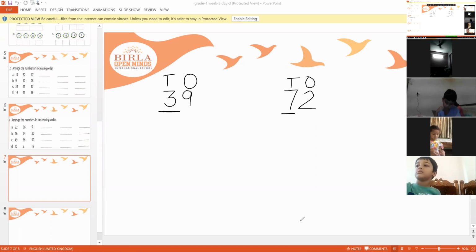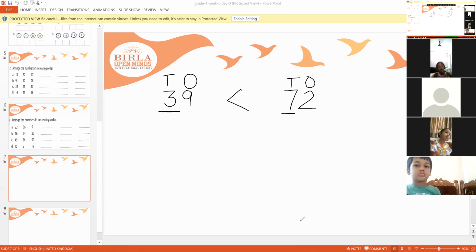So we will compare 3 and 7, and we know that 7 is always greater than 3. So the number 72 is greater than the number 39 children.